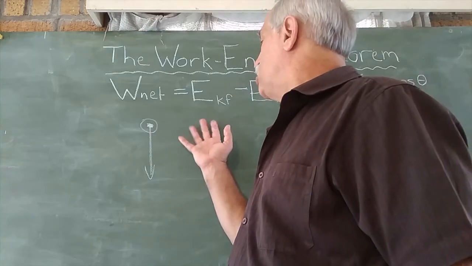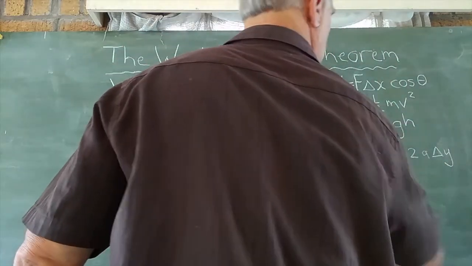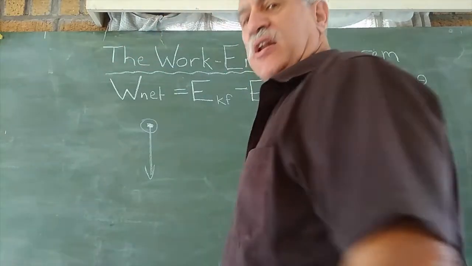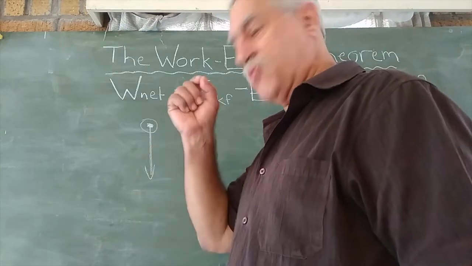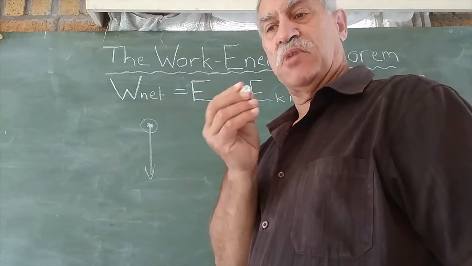Okay, so let's use, first of all, just to get some sort of benchmark, our equation of motion to find out what the velocity of a 1 rand coin should be after falling for 1 meter.